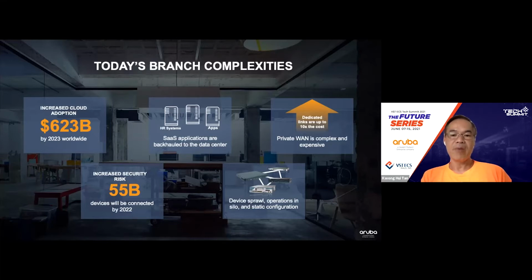I'll talk about device sprawl and operations for the branch in my next slide. Let's move on to the next challenge here. IoT and OT, or operating technology, systems like heating, ventilation, and air conditioning are presenting increasing security risks within the enterprise. Multiply that risk by hundreds or even thousands of branches, and it becomes extremely disruptive.